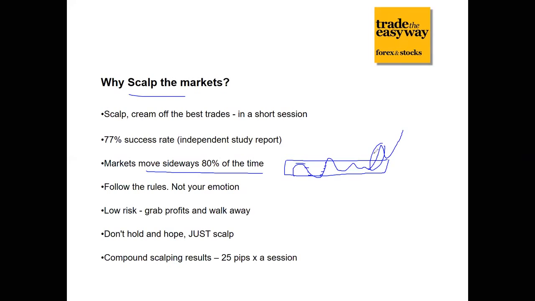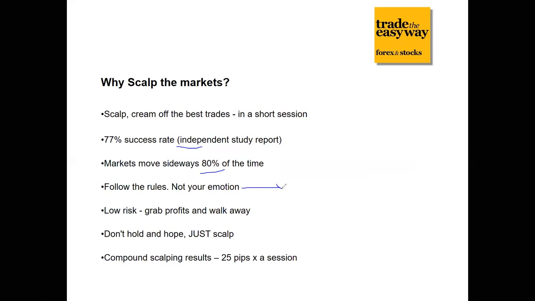So although the goal of Scalper School is to look for a certain target, we do get runners as well, when the market allows, when it's not moving sideways 80% of the time. It's rules-based, which I think is absolutely critical.